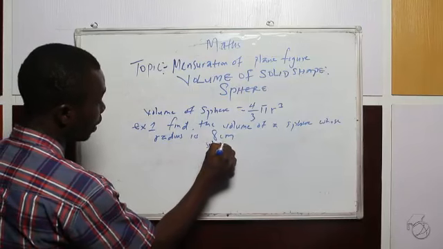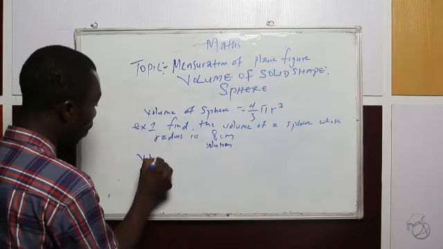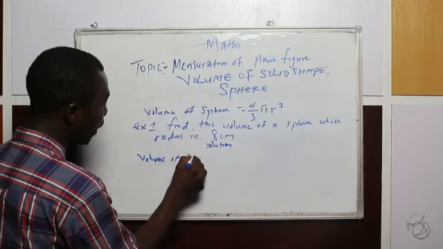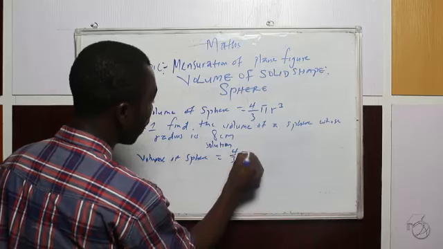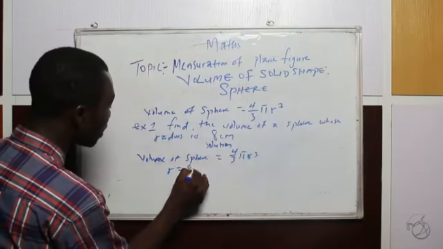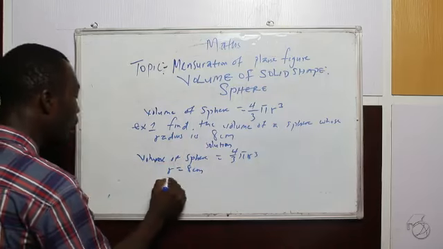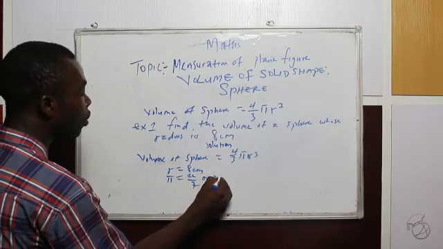Solution: the volume of a sphere is equal to 4 over 3 pi r cube. Our r is 8 centimeter. Remember, our pi is always given as 22 over 7 or 3.142.